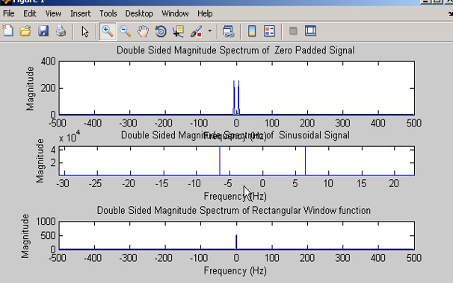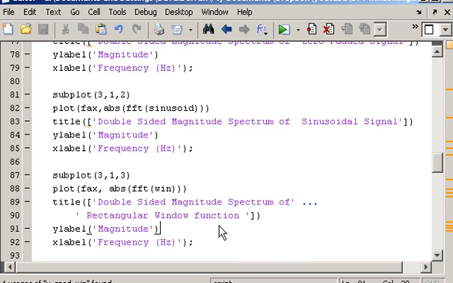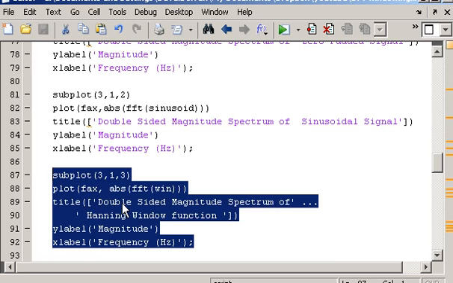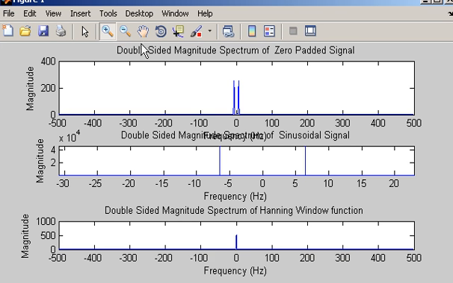Let's also zoom in on the double-sided magnitude spectrum. Well, that shouldn't be rectangular. I just didn't change a comment in my code. So let's just put that as Hanning. And let's just zoom in here.